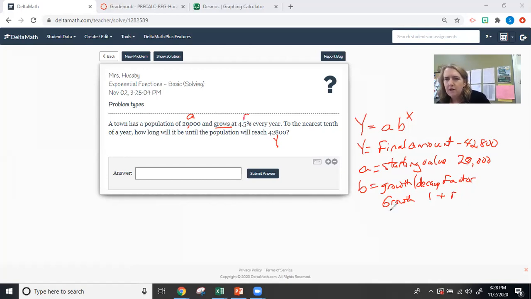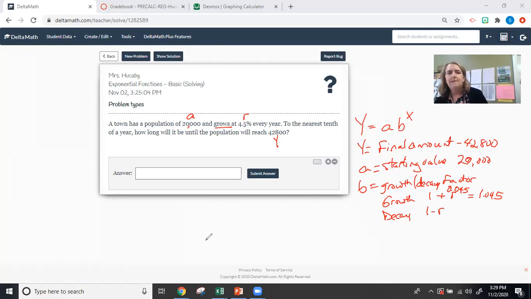If it is decay, it's going to be 1 minus r. My r is in decimal, not the percentage, it's 0.045. So my growth factor, my b, is going to be 1.045.